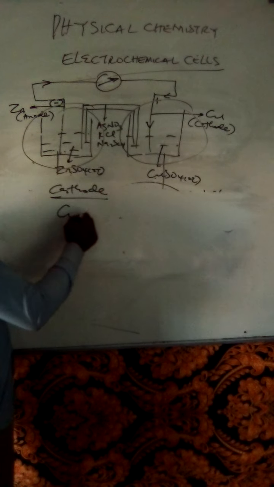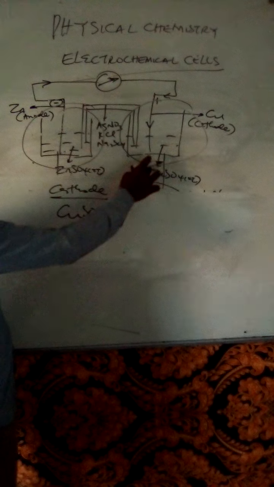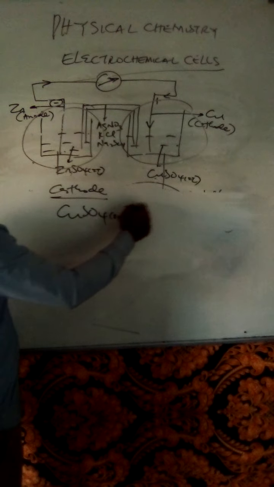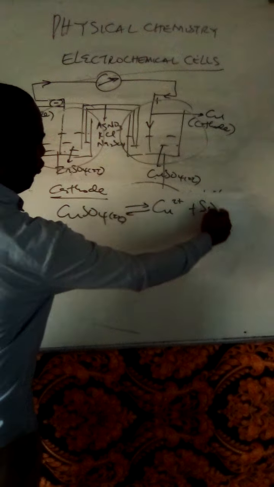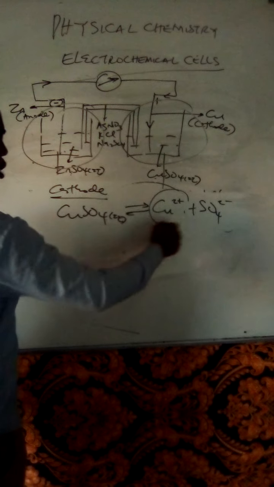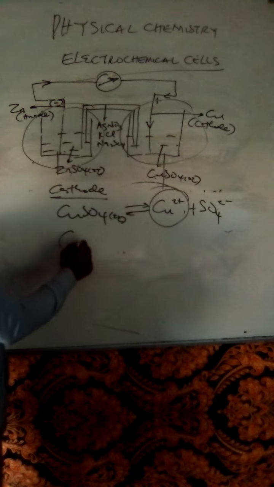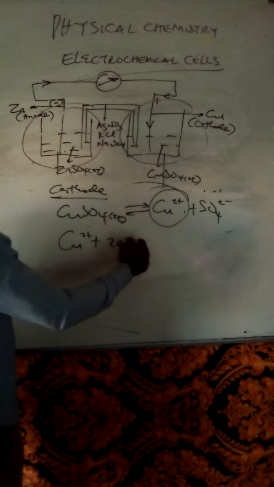The electrolyte in the reduction half cell, which is copper sulfate, will ionize to bring out copper 2 ion and SO4. It is this copper 2 ion that will now gain electrons, which are coming out from the anode, to be reduced to ordinary copper.